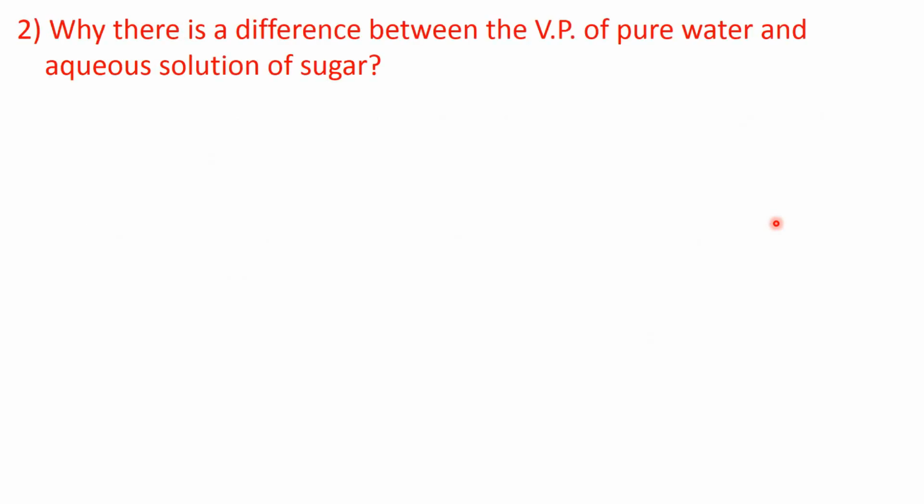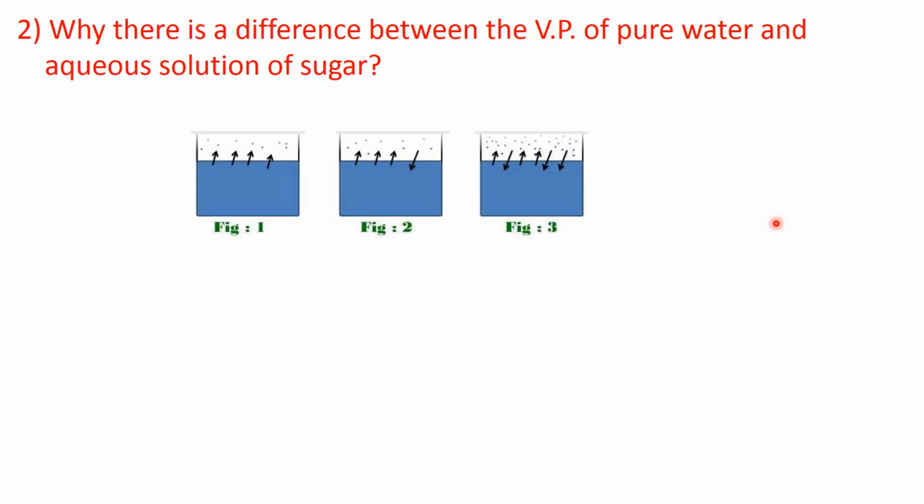The second question was, why is there a difference between the vapor pressure of pure water and aqueous solution of sugar? Now let's see. Here is a volatile solvent, liquid solvent, kept in a closed vessel.